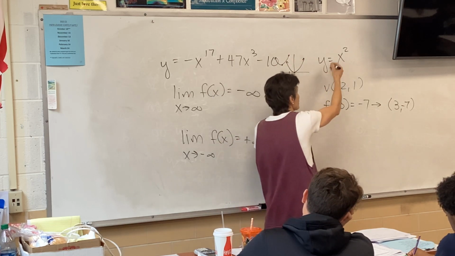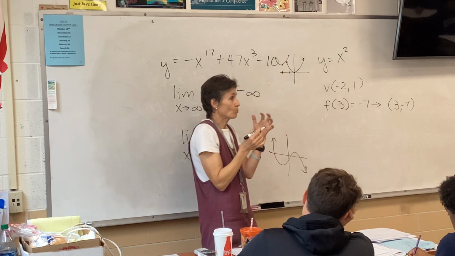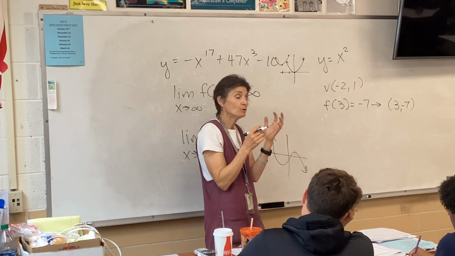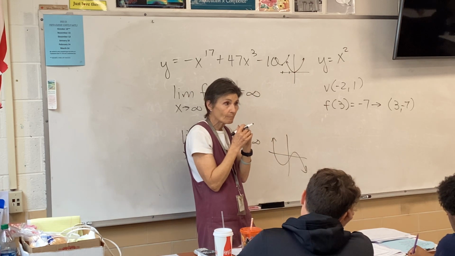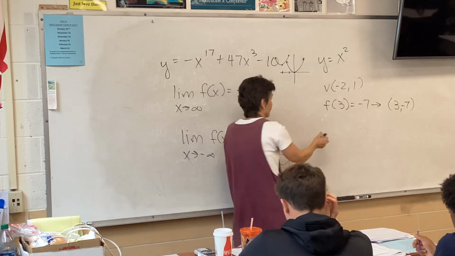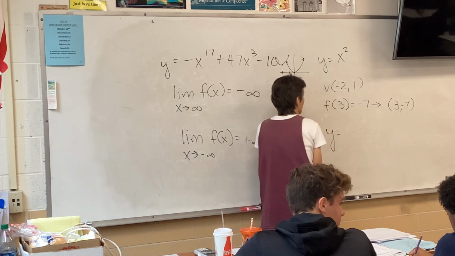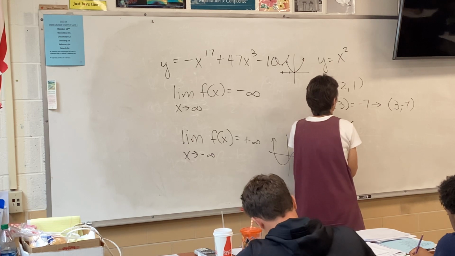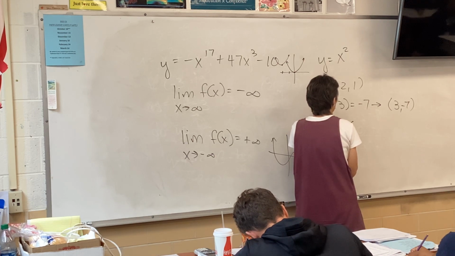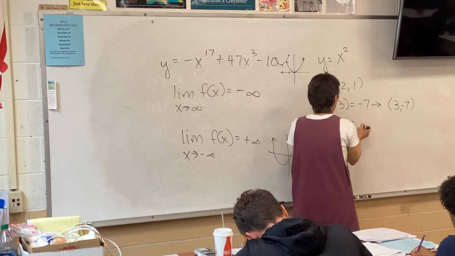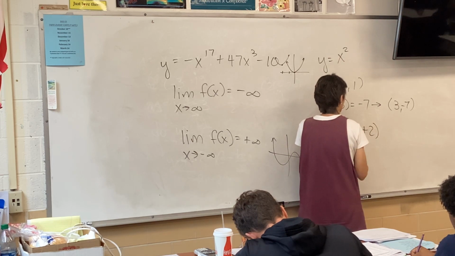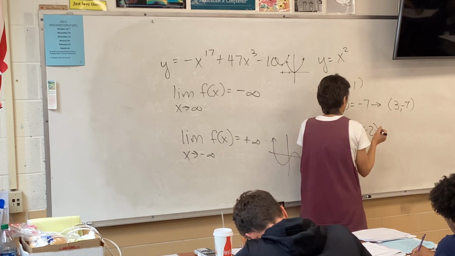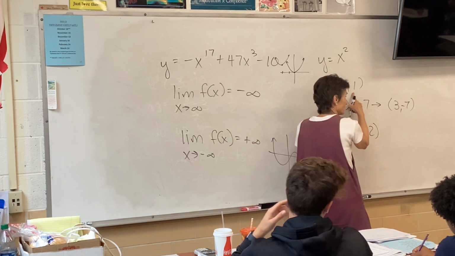So how do you adjust your equation to reflect that you went 2 left and 1 up? All right? Wouldn't it be in parentheses? Yes. Plus 2. X plus 2, perfect. And then, how do you get up 1?